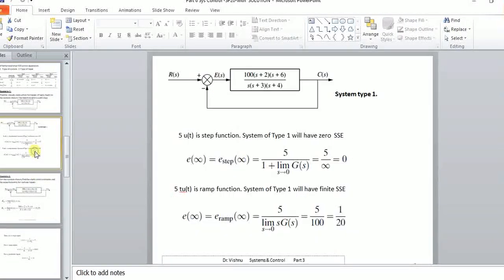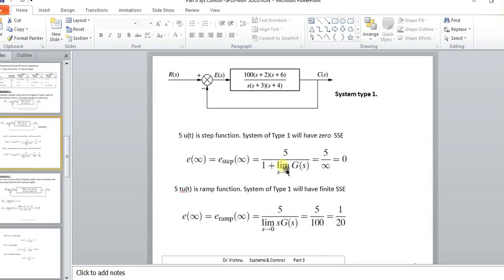Now let's come back here. This is the formula for finding the steady state error for step input. Here I am going to use 5 over 1 plus limit s tends to 0 of G of s.